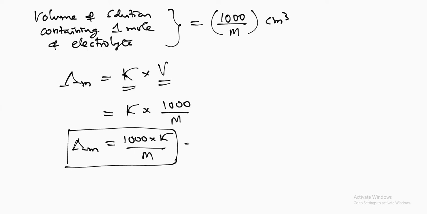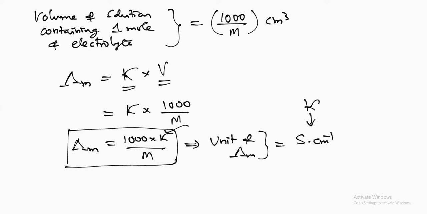Okay, what is the unit of molar conductance? Let me write here. Suppose the unit of kappa is given in Siemens centimeter inverse. Then 1000 by m is nothing but volume, right? Volume unit is centimeter cube.